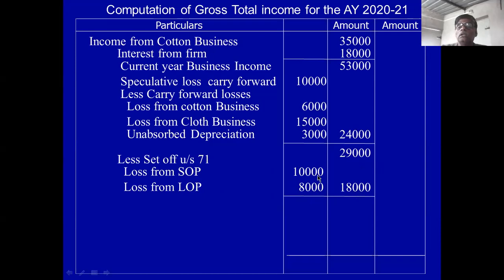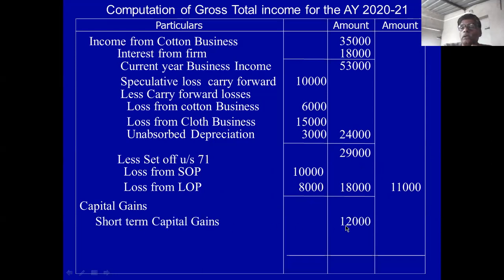Total is 18,000. You adjust 18,000, then the balance is 11,000. 11,000 is the income from business. Then capital gain: short-term capital gain is 12,000. You are not permitted to adjust the long-term capital loss in this head. Therefore, 12,000 is taxable income.